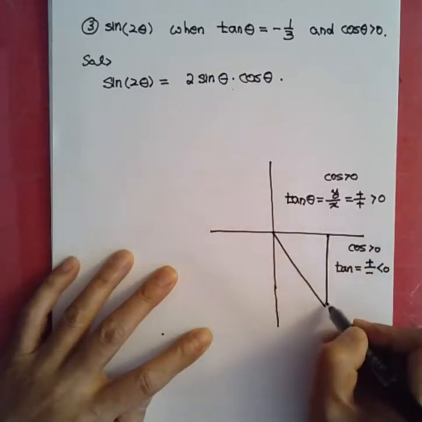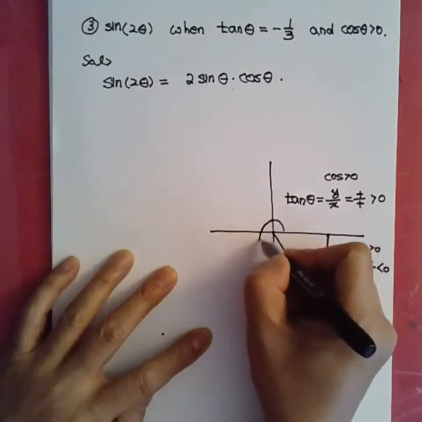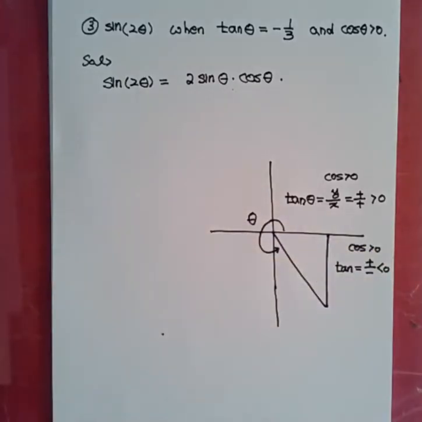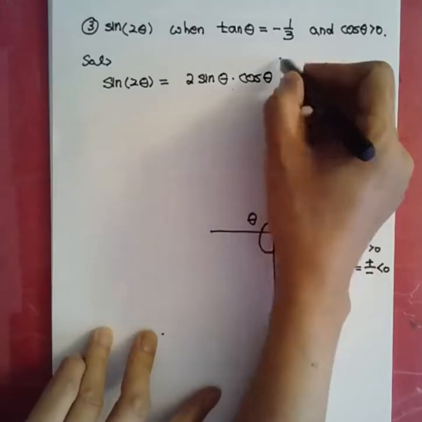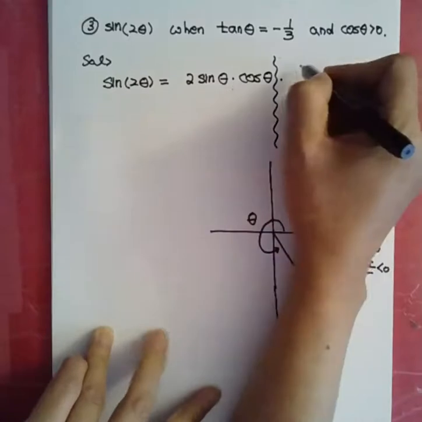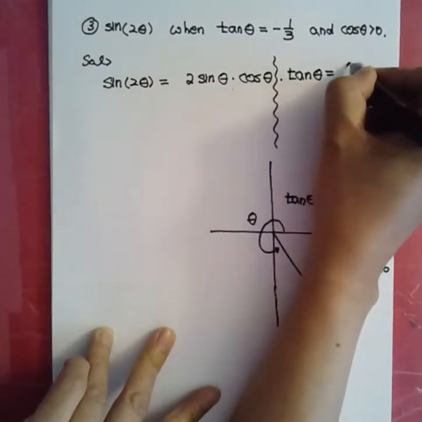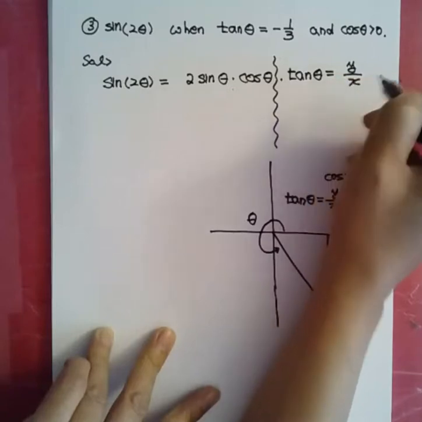We will draw the right triangle in the fourth quadrant. This is theta. And another piece of information we have here is that tangent of theta equals y over x.